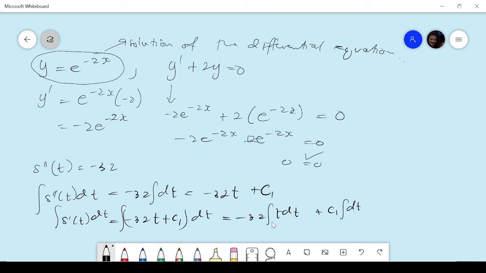And the integral of t is t squared over 2, so minus 16 t squared, plus the integral of dt is t, so c1t plus c2. And the integral of the first derivative is the original function, so this is s of t. Okay, so the original function is actually the solution of the second order differential equation.